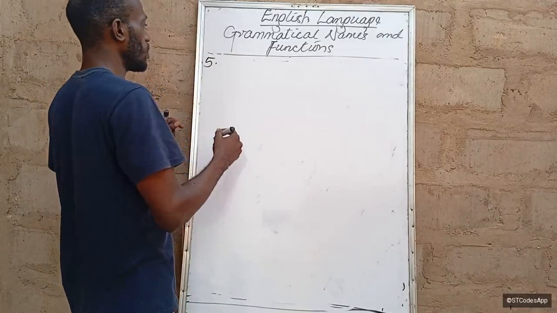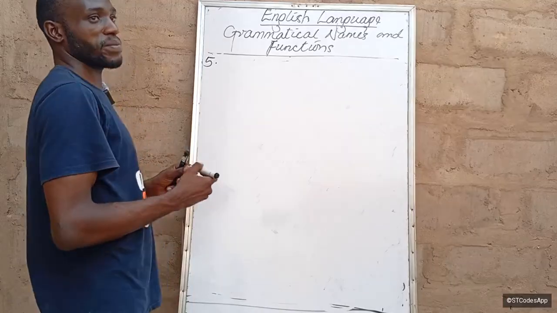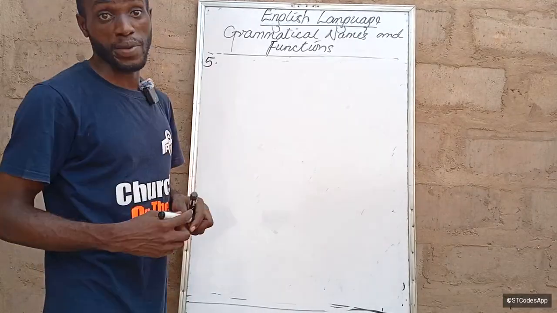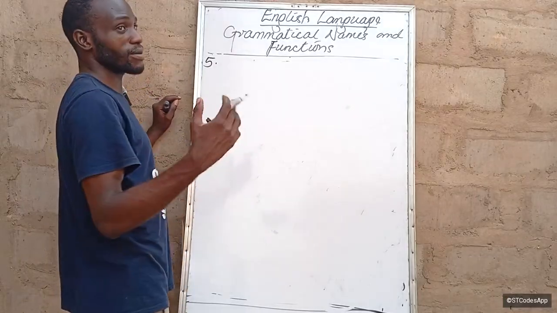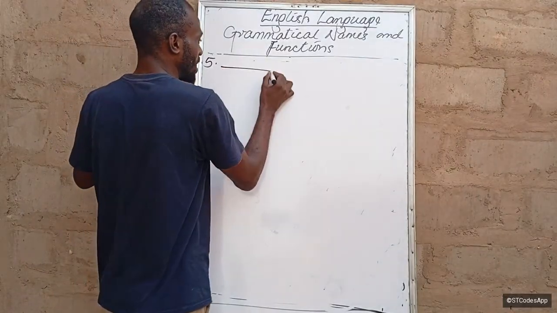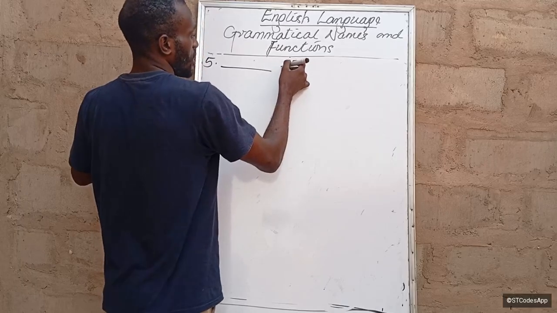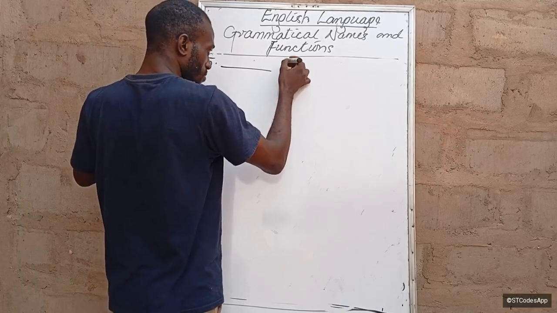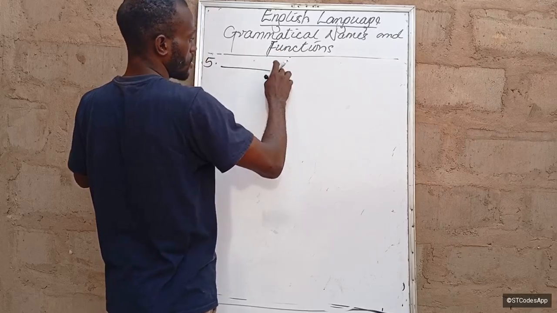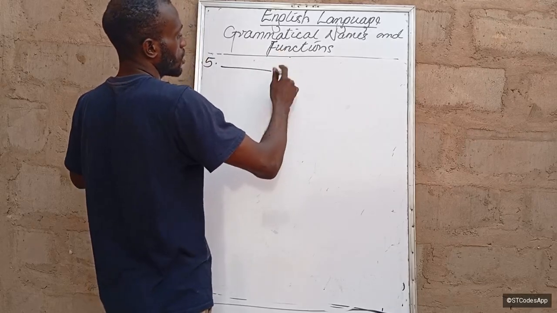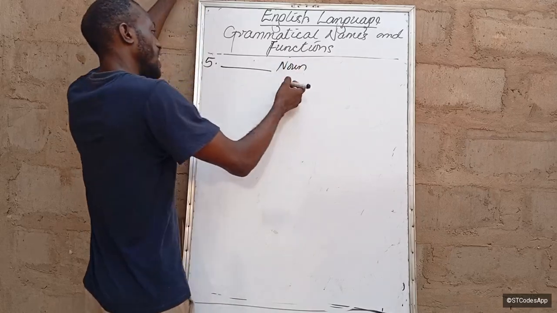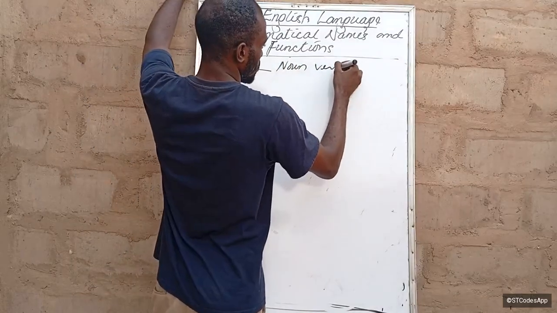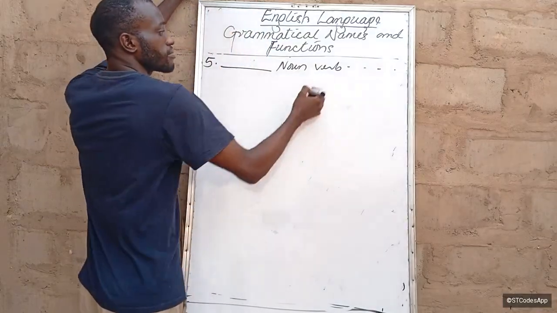The last structure is the one that tells us about adjuncts or adverbials. Usually, you will see it takes two forms. Either you see it at the beginning, then you see a noun and then a verb, okay?